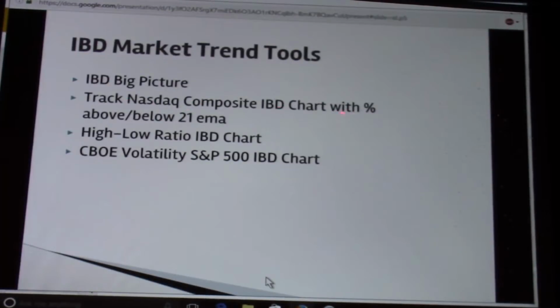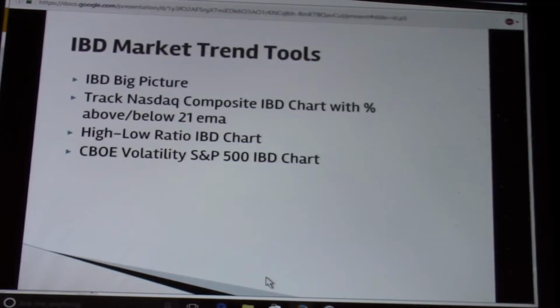This is something that I told you to pay attention to, and just know where, if you're investing in growth stocks, the NASDAQ composite is the index you want to follow. Your key is to know where the composite is with respect to the 21-day moving average. The high-low ratio is basically the new highs being made in the market versus the new lows.